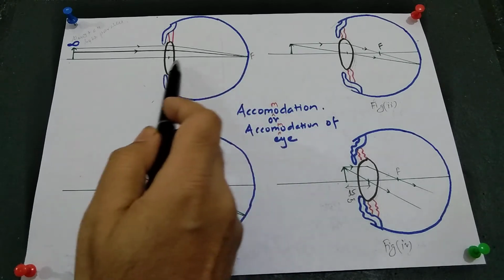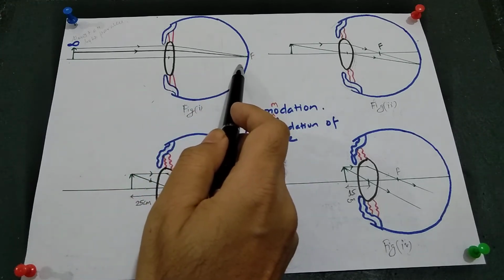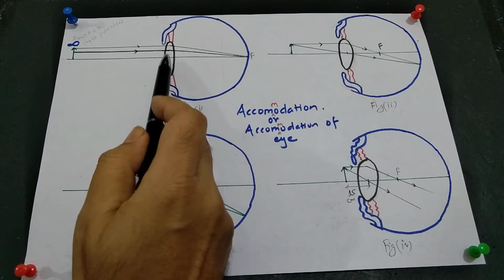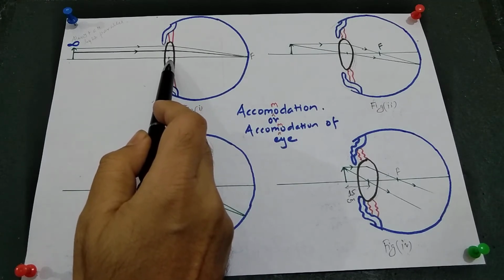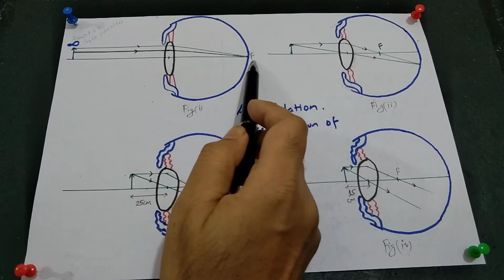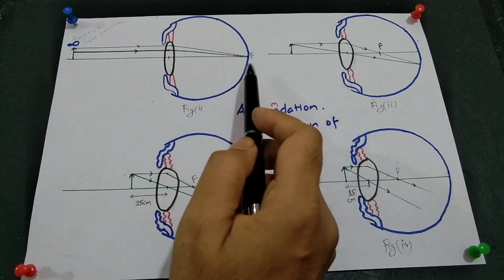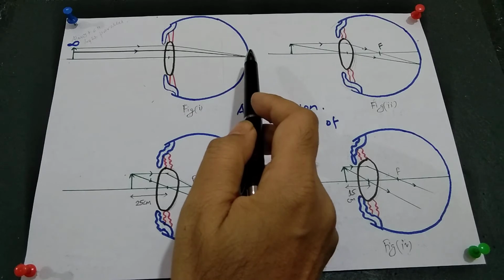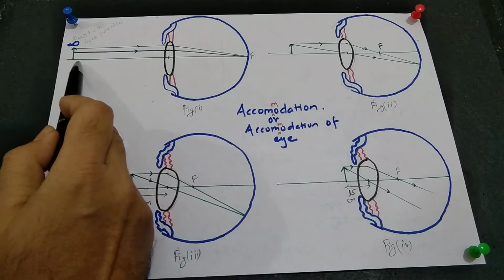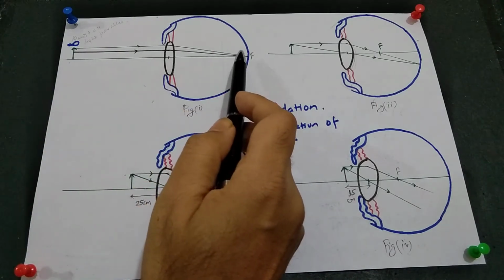This is the focal length of the eye lens, the distance from the optical center of the eye lens to the focus on the retina. Hence, the clear image of the object lying at infinity is formed at the retina.